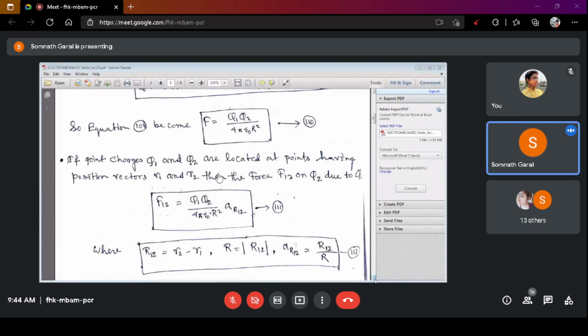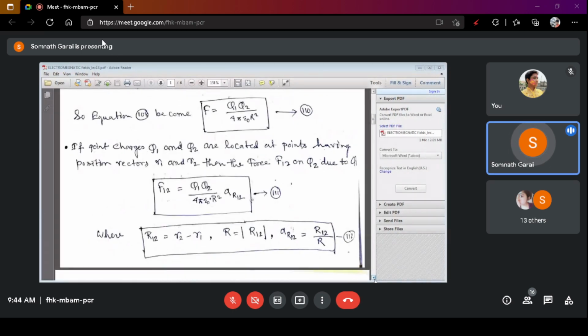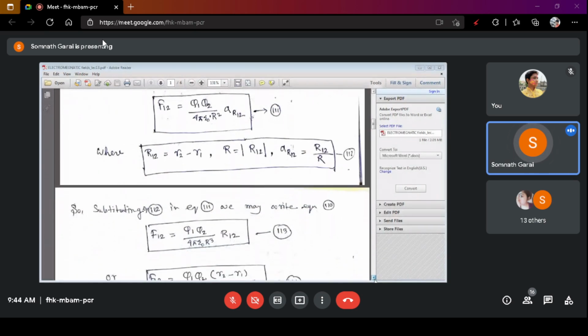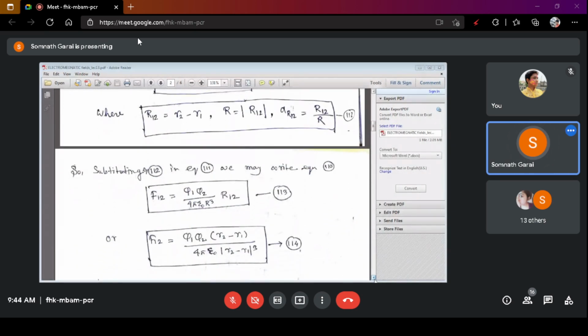Right? So this is equation 112. Now we modify this Coulomb force by equation 112. If we substitute equation 112 in the main equation, F12 becomes Q1 Q2 divided by 4 pi epsilon naught R cube into R12, because R square was previously here.